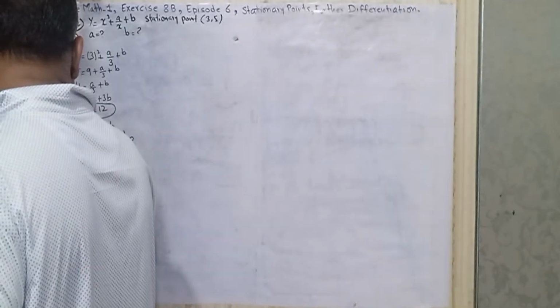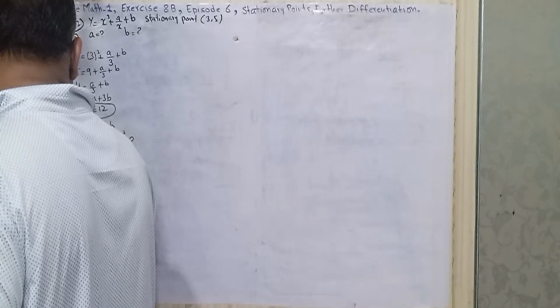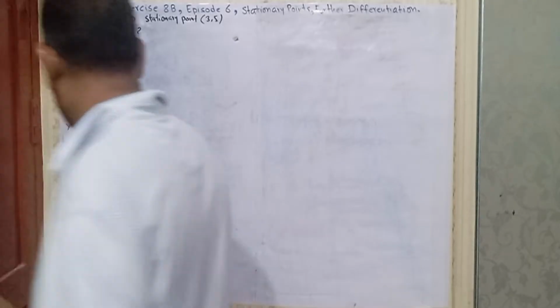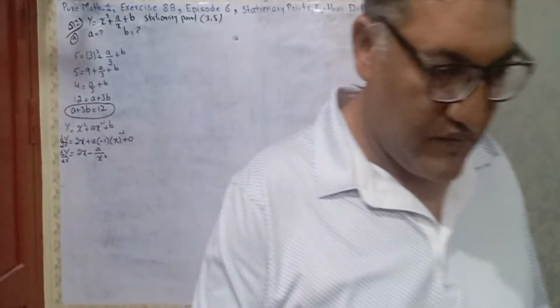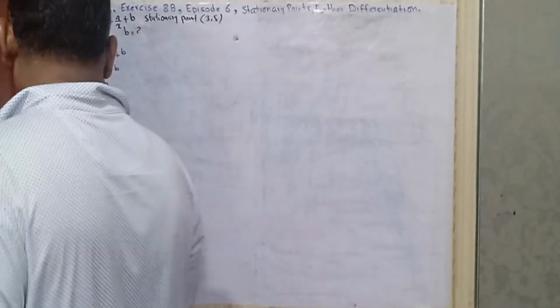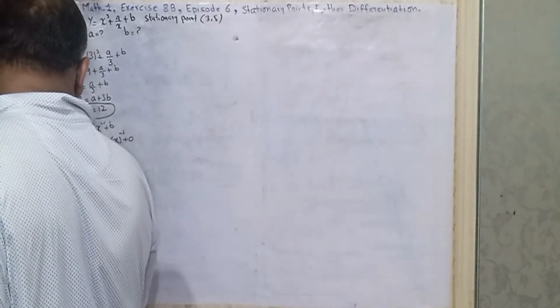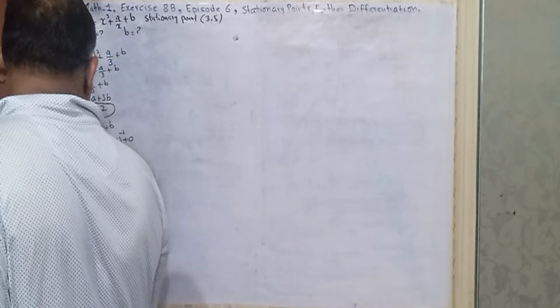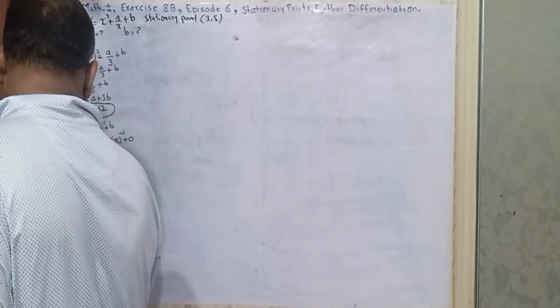So dy by dx will be equal to 2x minus a divided by x squared. Now you know that at the stationary point, dy by dx will be equal to 0.